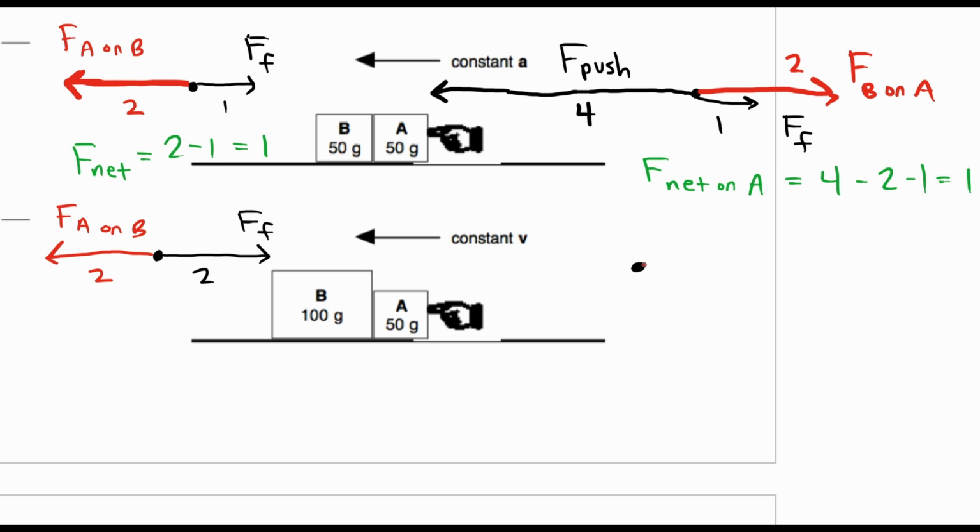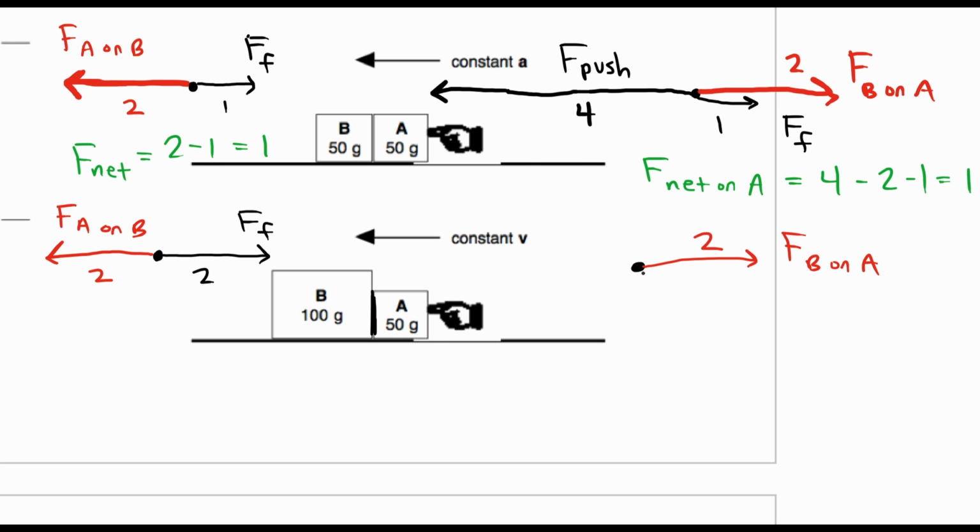We have to draw a force of B on A, which is called a Newton's third law pair with the red force of A on B there, because they're equal and opposite, and they describe the same type of interaction, a normal force between these surfaces.